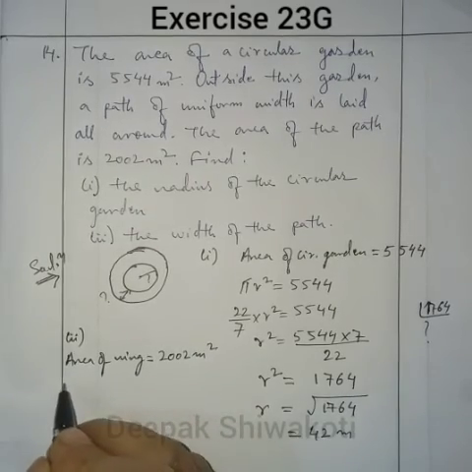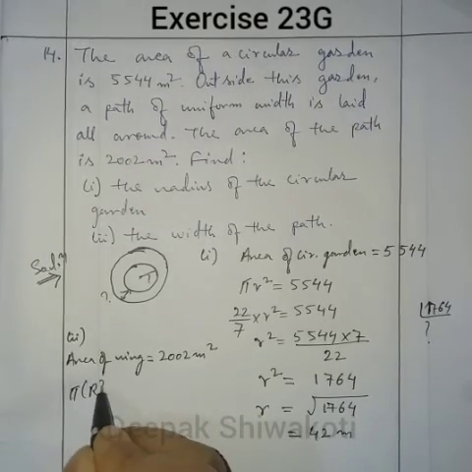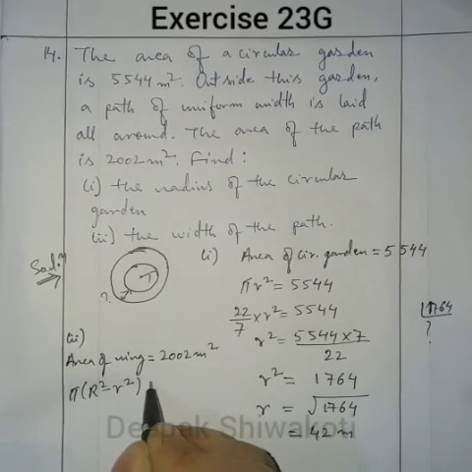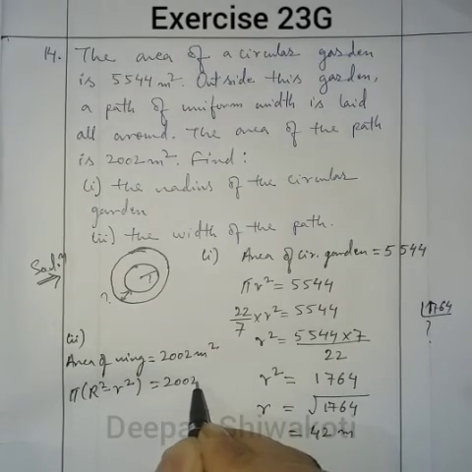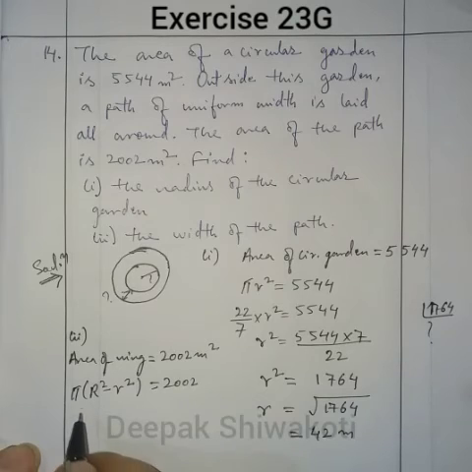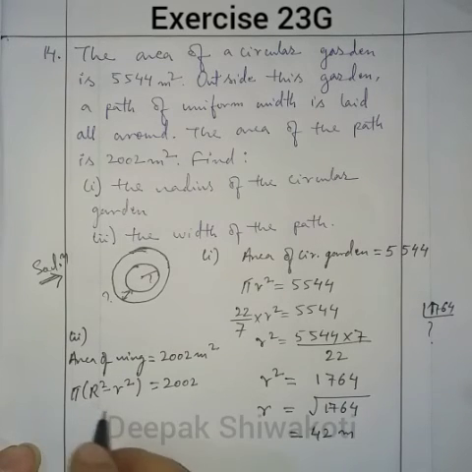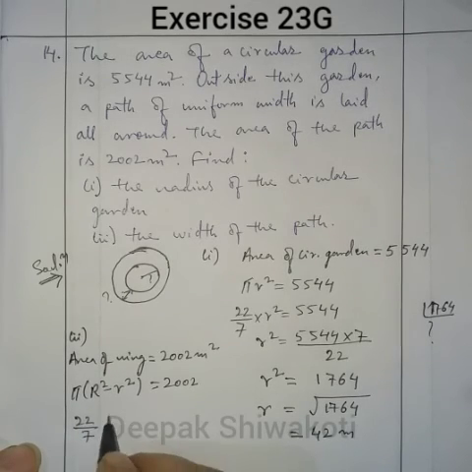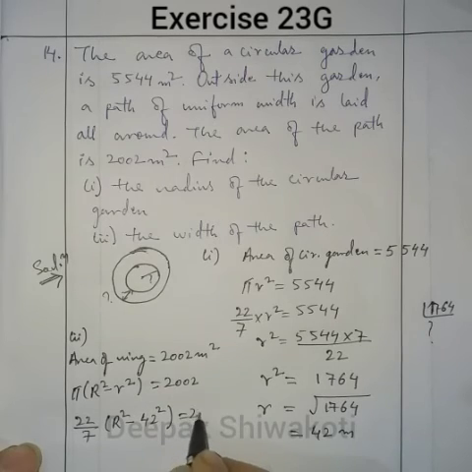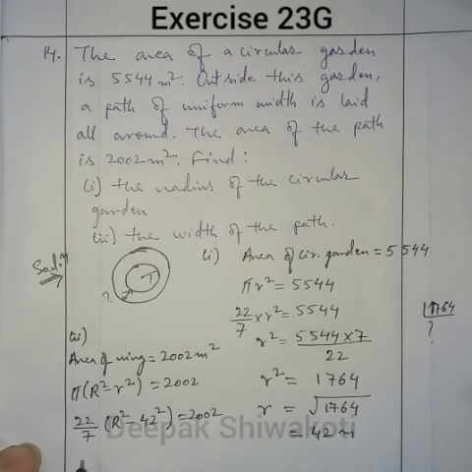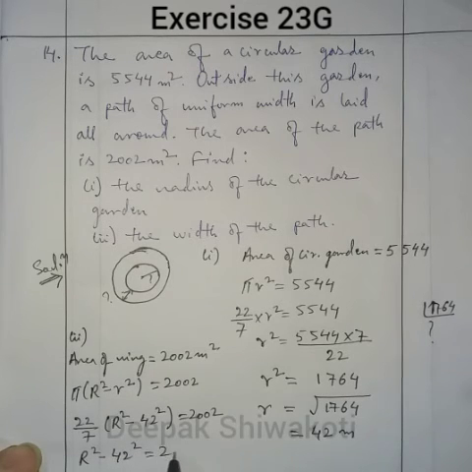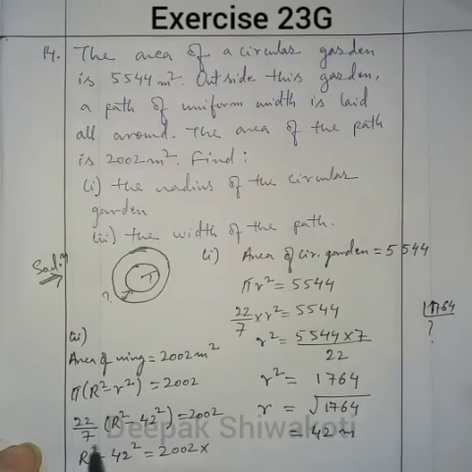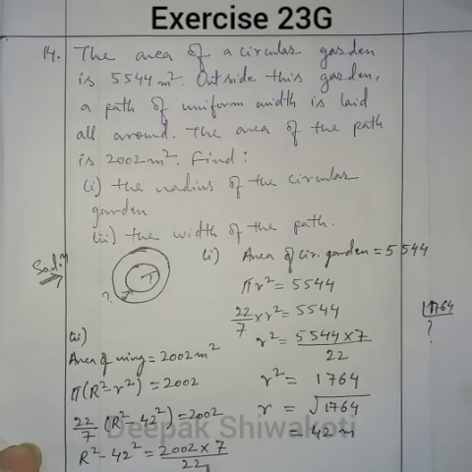The formula of the ring is π(R² − r²) equals 2002. Now simplifying this for capital R, here π is 22/7 and small r is 42, so R² − 42² is equal to 2002 into 7 divided by 22.